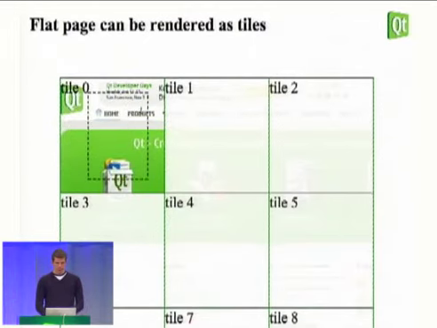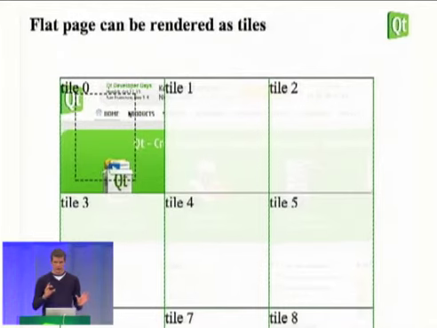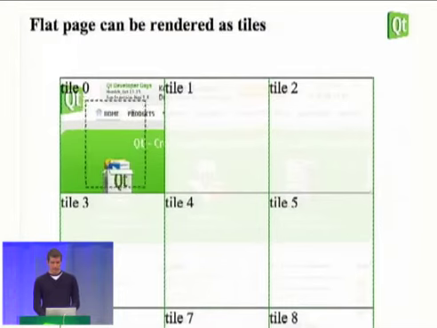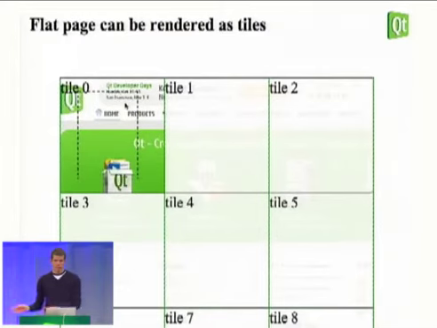So here, my viewport is on top of this part, the top left part of my page. So I render a bigger area, I put that in a QPixmap, and then when I move the viewport, I don't have to render anything again. I can just take the pixmap, put that on screen, and that's just super fast.